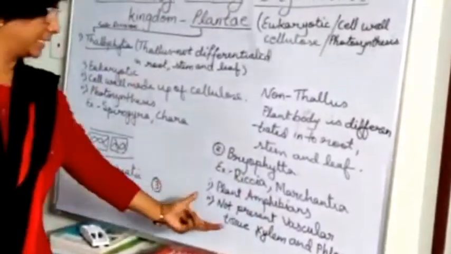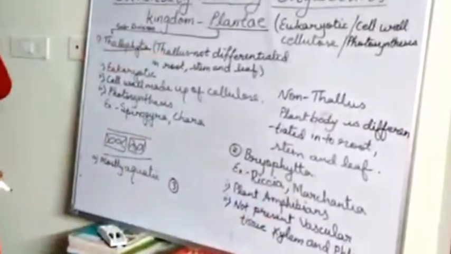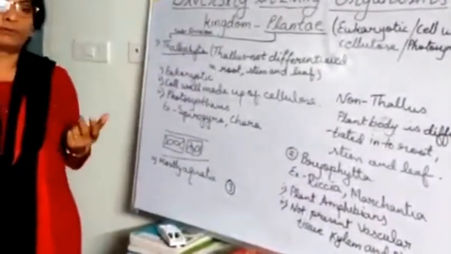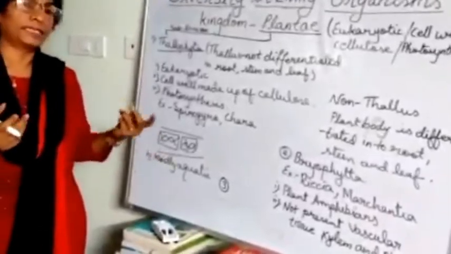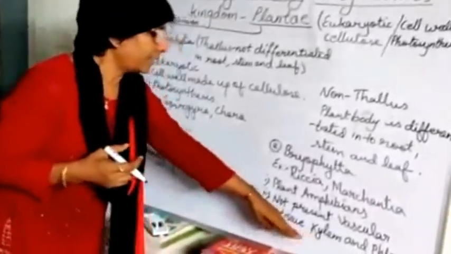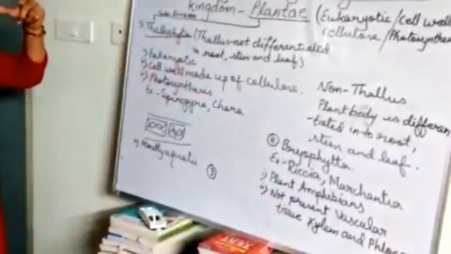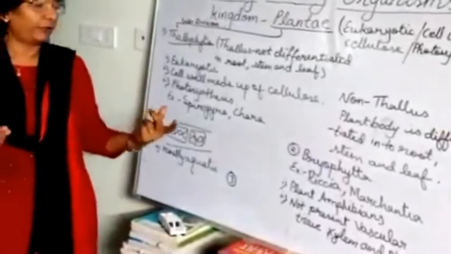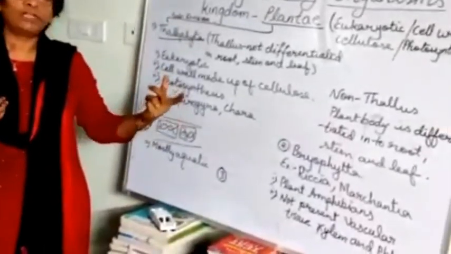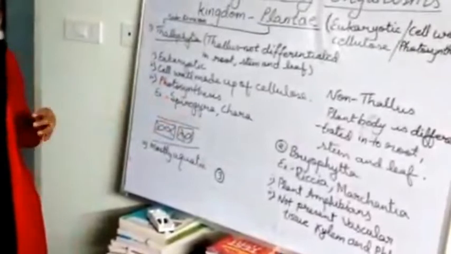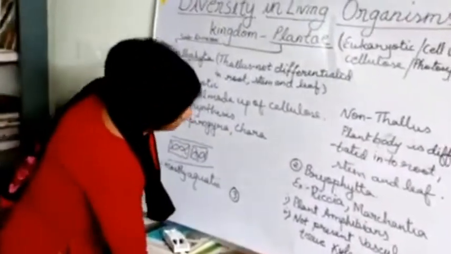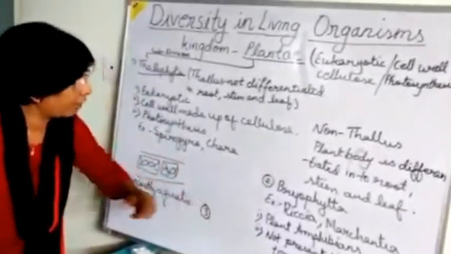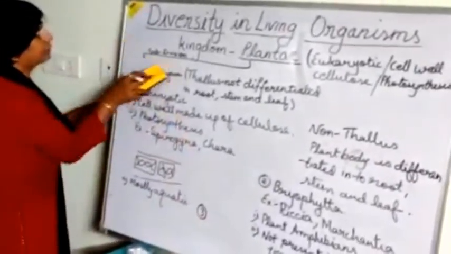Already we know that xylem and phloem are the vascular tissue, which means conducting. Water and minerals from the soil are taken up by the xylem to the tip of the leaves, and there the food is prepared with the help of photosynthesis, and the phloem is the tissue which transports the food to each and every part of the plant. So here we have the Bryophyta.